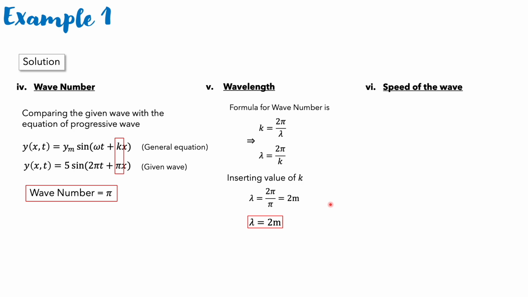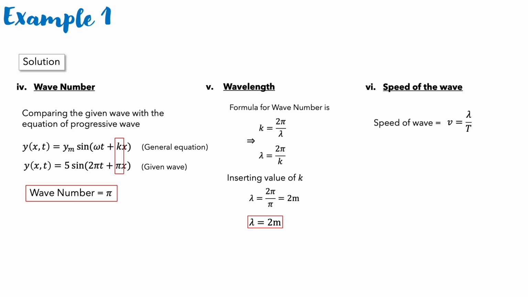Now in order to calculate the speed of the waves, we have to refer back to the formula given on the first slide and simply insert the values that we have obtained in the solution of these problems. Lambda divided by time period. This is lambda, and the time period was obtained on the previous slide, which was 1 second.